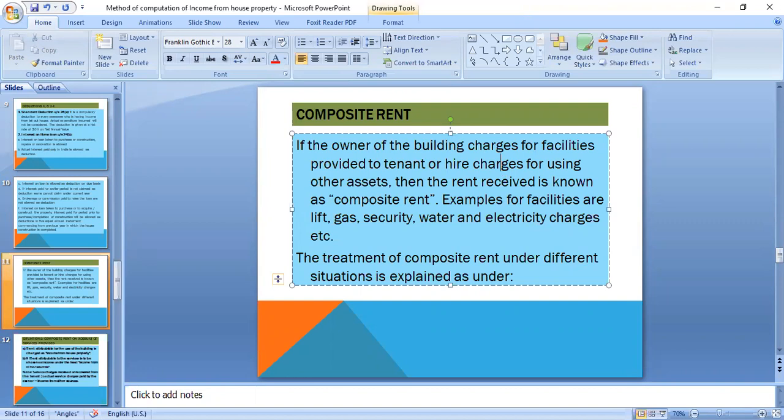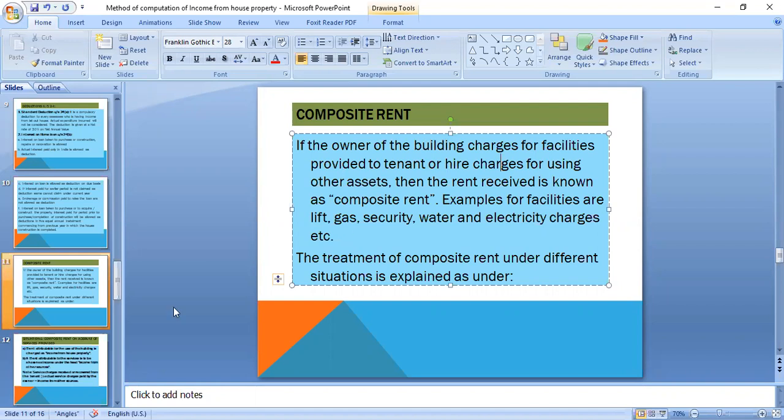Those additional facilities like gas, security, water, electricity charges, if included in the rent, then that rent is called composite rent. Some of them they exclude and call it separate. If someone says, give me 10,000 including all the facilities apart from the letting out of the house, then it is called a composite rent.